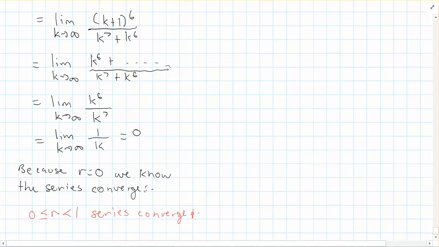Now, one thing I think people sometimes get mixed up is that we've used r before in the geometric series, but remember, these are completely different. Geometric series is a very special case, and as I said with the ratio test, a strong indication that you're going to use the ratio test is that there's a factorial present.